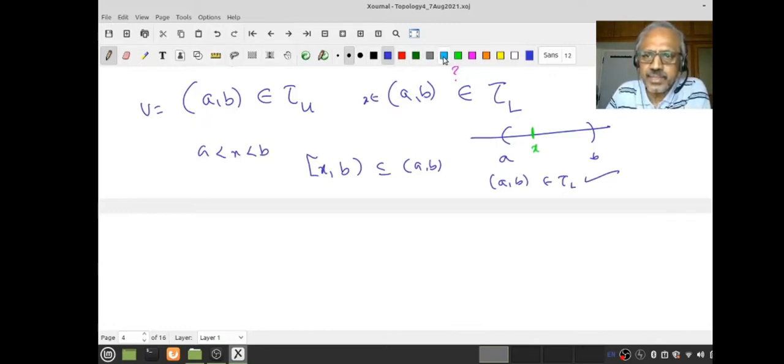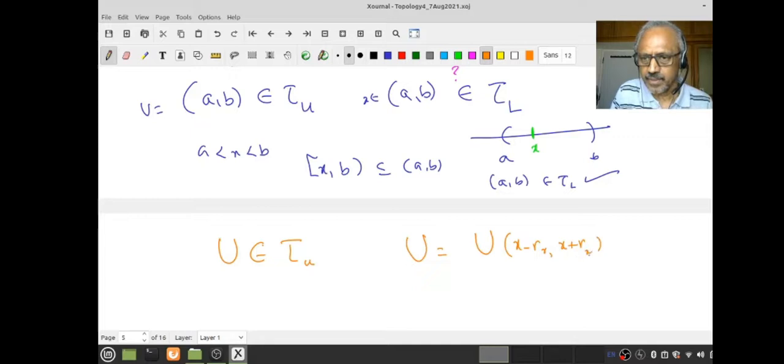If I had understood this, then there is yet another natural question I would like to ask. Can somebody think of it? I know any open interval which is open in the usual topology is open in the lower limit topology. Now suppose, what is the next question I can ask? If you give me any open set U in tau U, that is, which is open in the usual topology, I know that U is of the form, for each x in U, there is an r_x such that the interval (x minus r_x, x plus r_x) is contained in U. Therefore, U is the union of these.